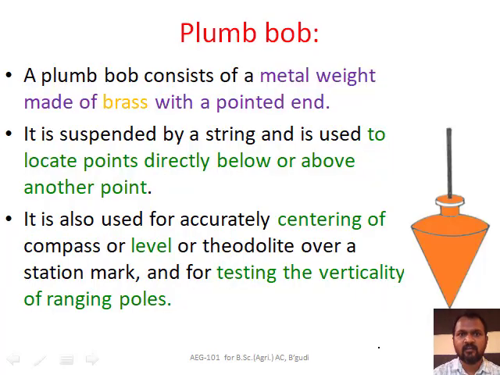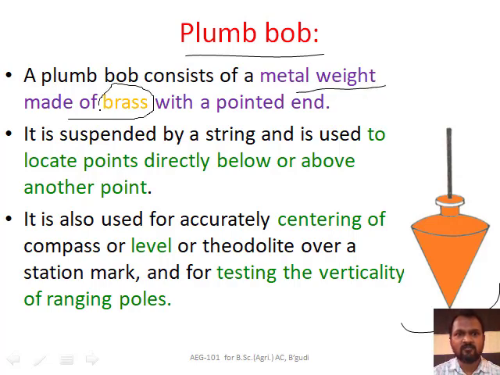Then the next type of instrument that we use in surveying is the plumb bob. The plumb bob consists of a metal weight made of brass material, and it is pointed at the end.